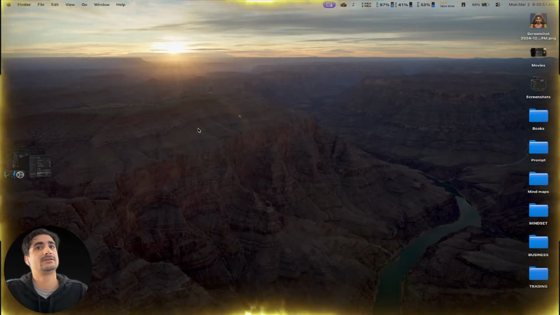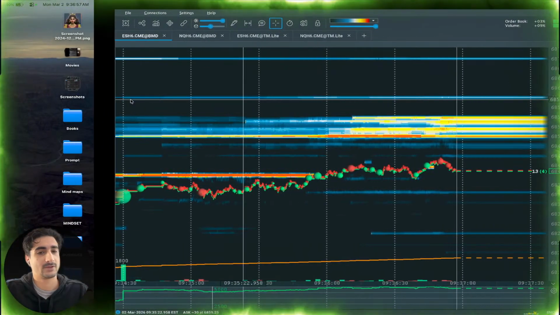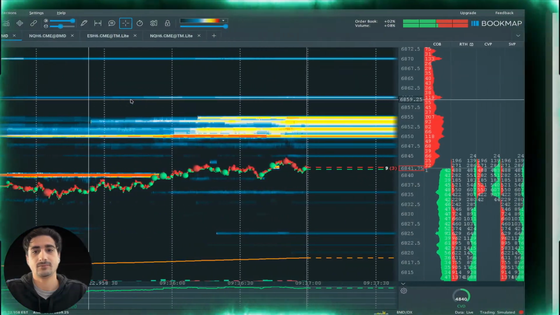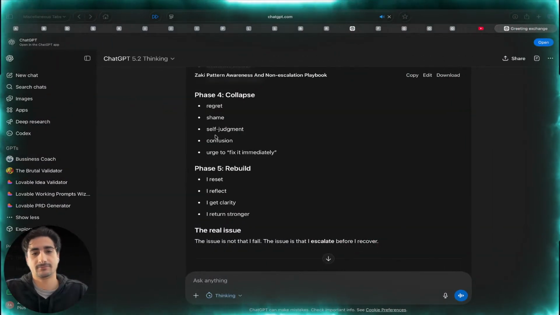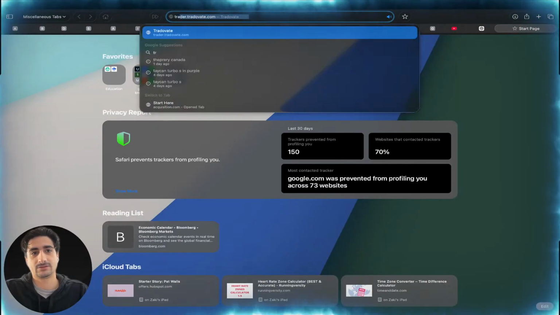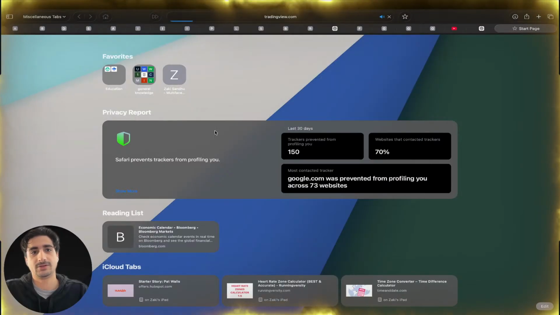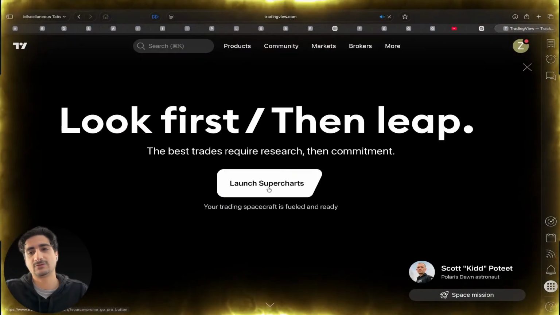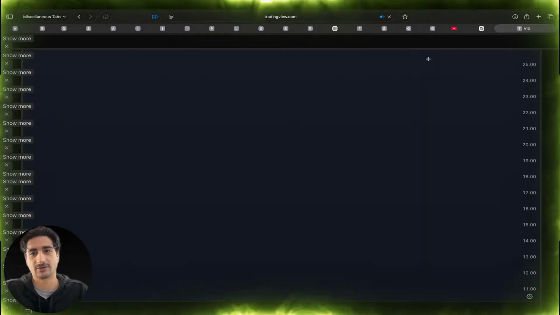Still no lines on any of the charts. Okay, we'll try another thing. TradingView, open it here. This worked last time, so it should work again.